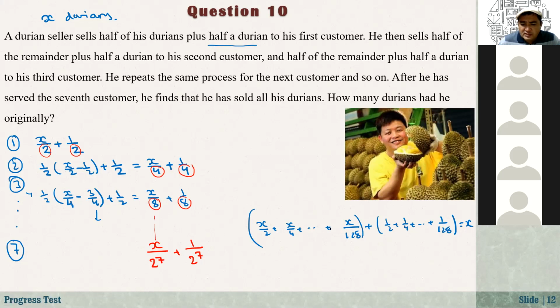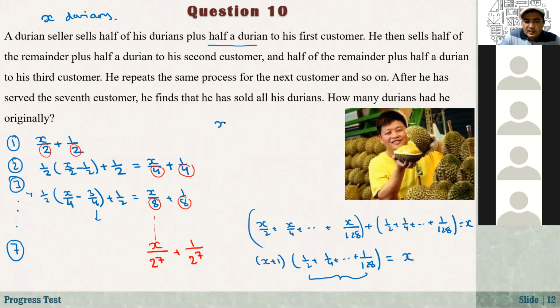And we know how to calculate this. If we take x, here we have (x plus 1) times (1 over 2 plus 1 over 4 plus ... plus 1 over 128), which is equal to x. Now what is this sum? The common denominator is 128, so that's 64 plus 32 plus and so on.